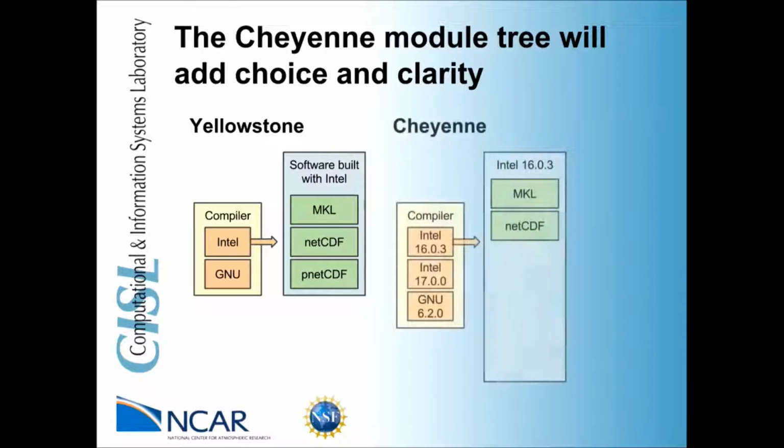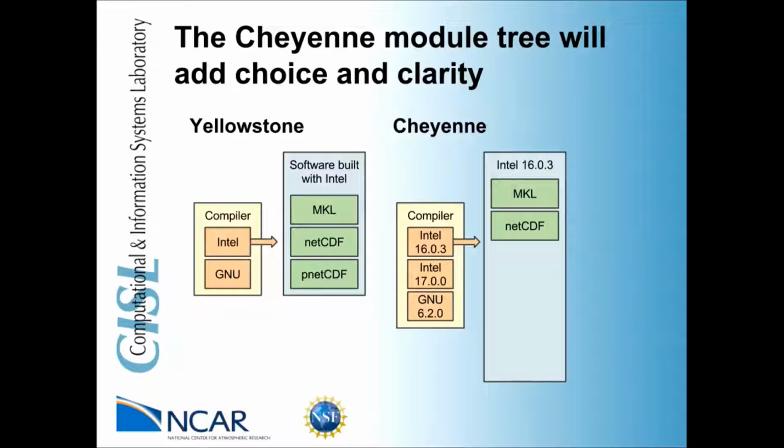So that's one level of a module tree, and that's worked out pretty well. But we have noticed some situations where it doesn't work as well. One thing is it can be hard to tell, if you load, say, version 440 of netcdf, what version of the Intel compiler it was built with. I know it was built with Intel, but was it built with Intel 16, Intel 12? There could be significant differences depending on which version of that compiler was used.